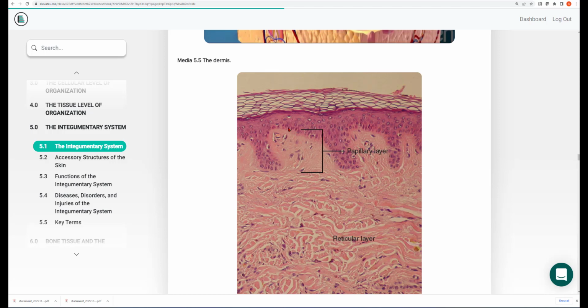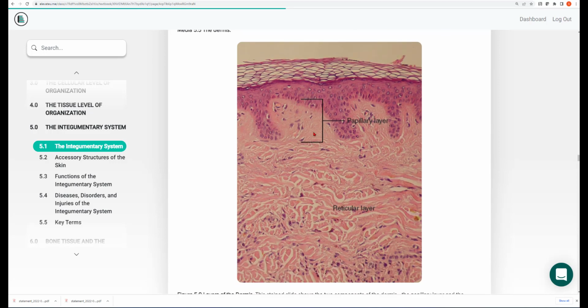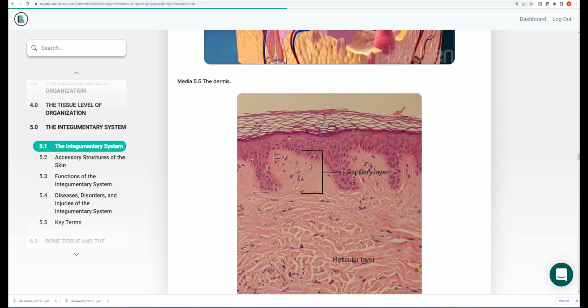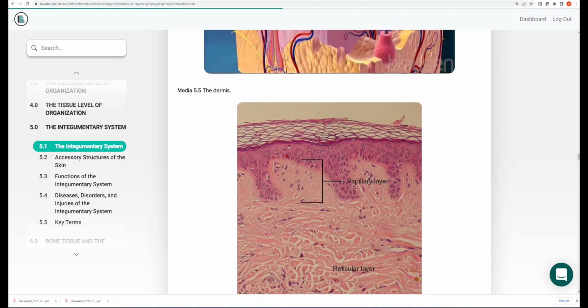In fact, let's go ahead and name those layers. This is thin skin, so this is only going to have 4 layers in it. But let's take a look. Right here, where my pointer is, this is one layer. This is the stratum basale. Then there's a layer, quite a few layers thick, of happy, mitotically active, metabolically active cells.